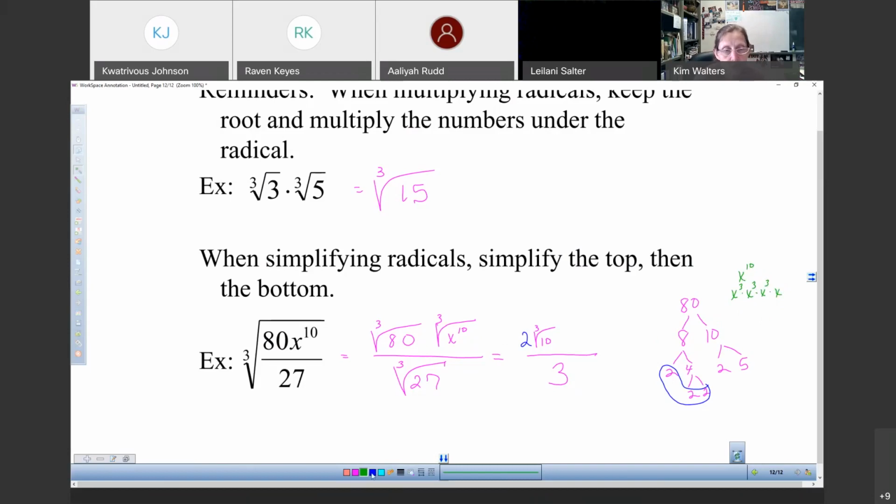But when I circle these up, I'm going to have one group of 3 x's, another one, and another one. So this is going to be an x to the 3rd power, because I have 3 of those, times the cubed root of x is left. And so then when I simplify this, I have 2x to the 3rd times the cubed root of 10x all over 3. And that one's a little bit messy, but we got this.